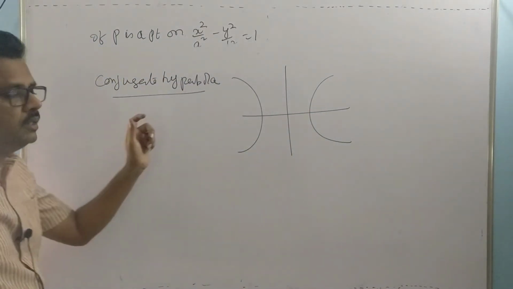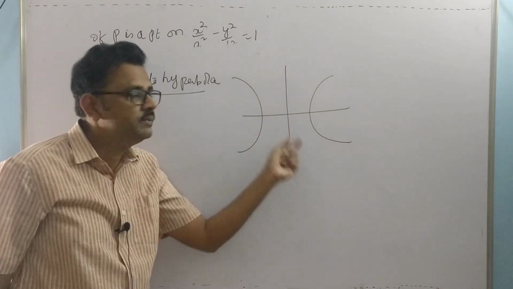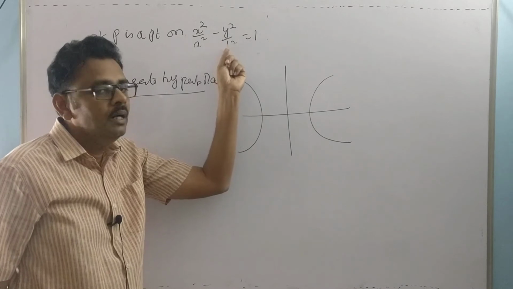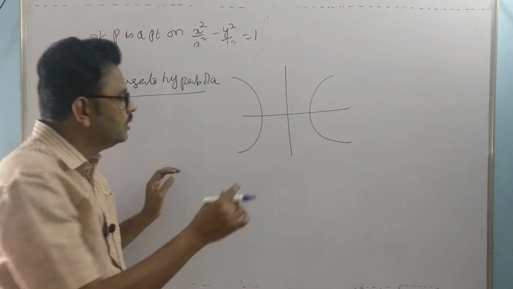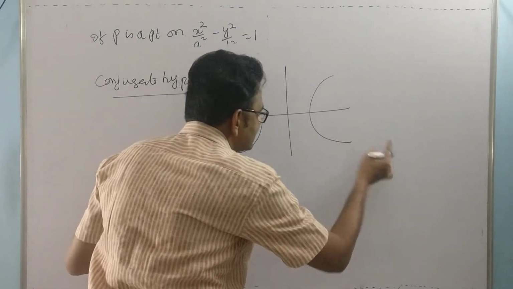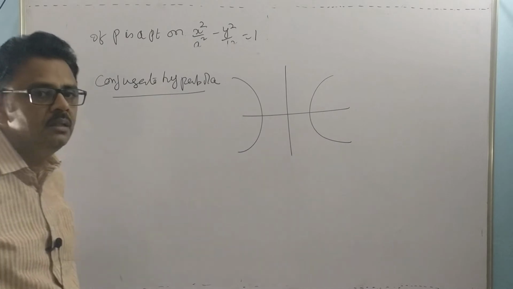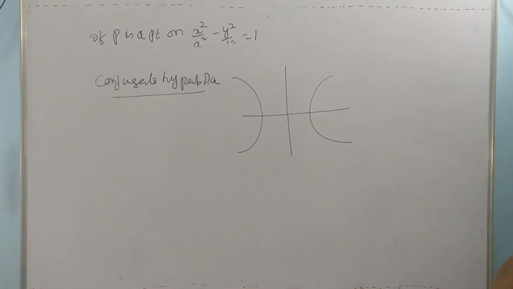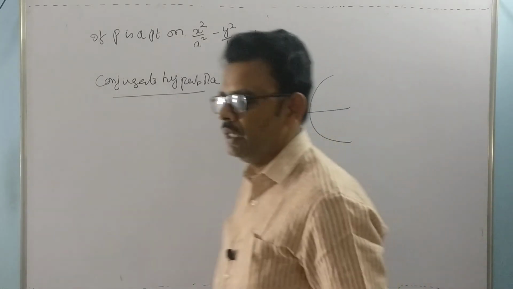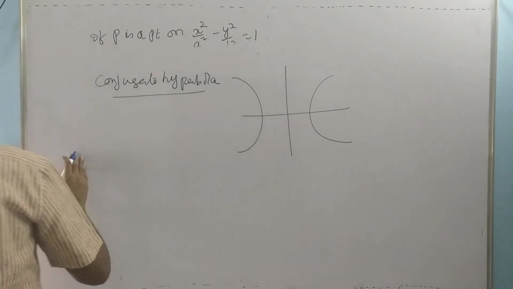The hyperbola whose transverse axis and the conjugate axis of the given hyperbola are respectively the conjugate and transverse axis of the given hyperbola, then that hyperbola is called a conjugate hyperbola. That is called a conjugate hyperbola. That is, the hyperbola, I would like to explain once.